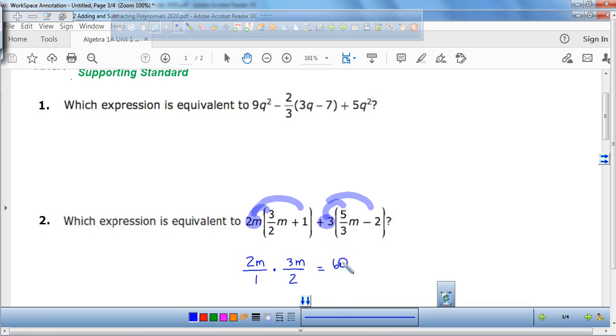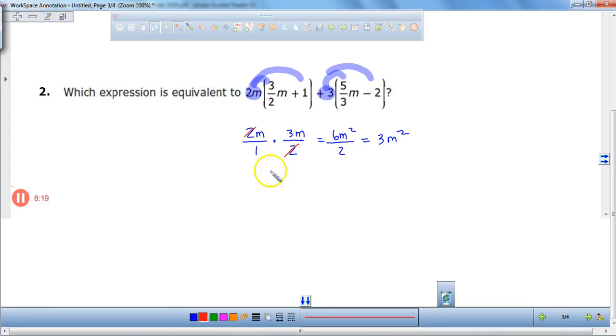M times m is m squared over 2, because 1 times 2 is 2. And 2 goes into 6 a total of 3 times. So I'm left with 3m squared. So that first part, 2m times 3 over 2m, is equal to 3m squared. You may have also noticed that 2 goes into 2 a total of 1 time, and 3m times m also gives you m squared. So we're done with that part.